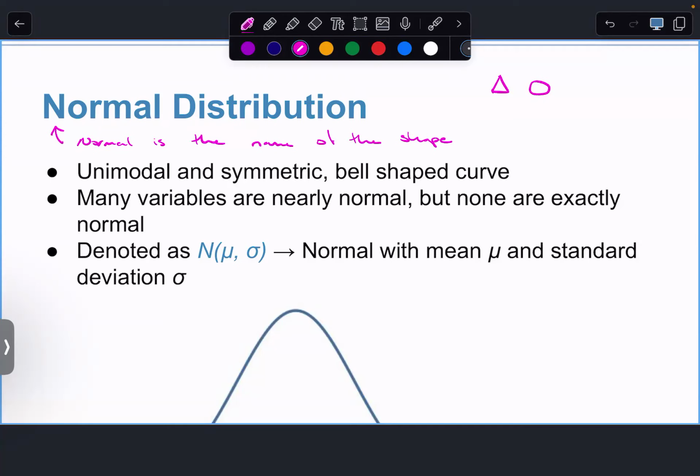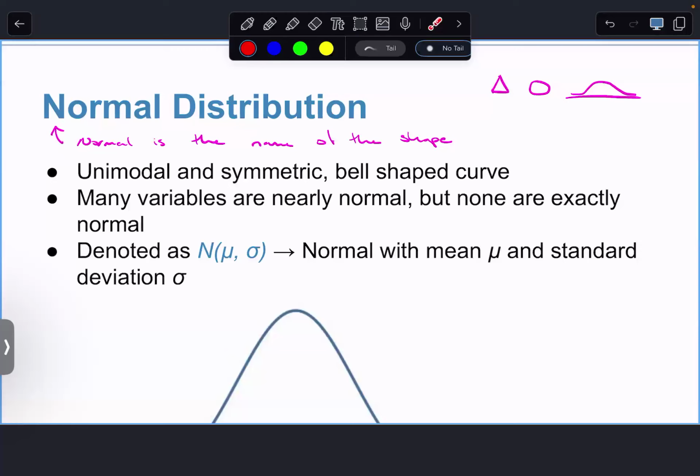Triangle, circle, rectangle, square, and so on. Now we have a new shape, kind of a normal distribution. This wasn't a very beautiful example of it, but they're kind of hard to draw, so just do your best.